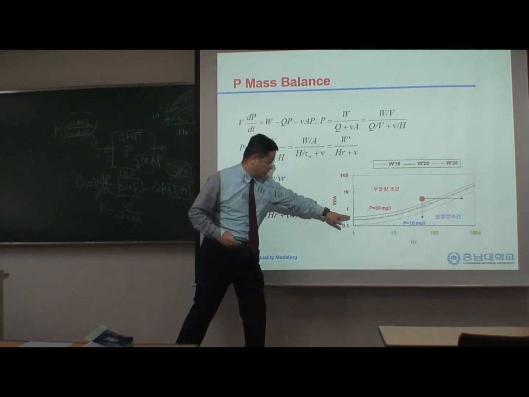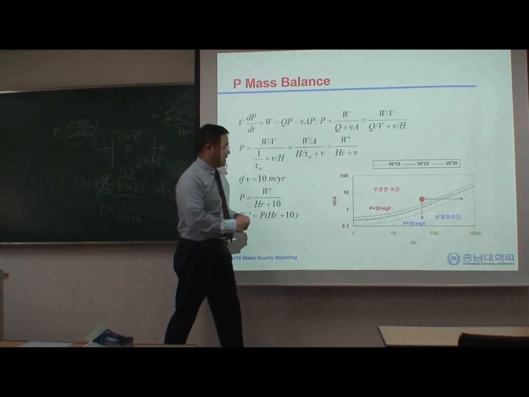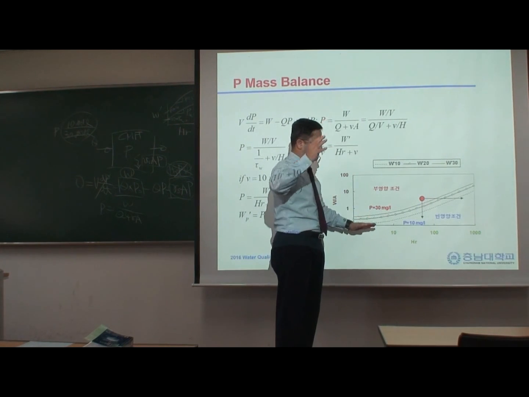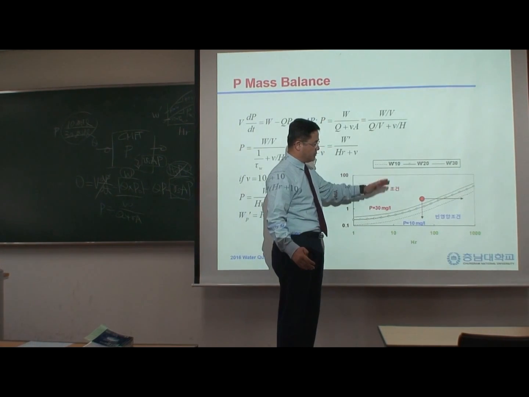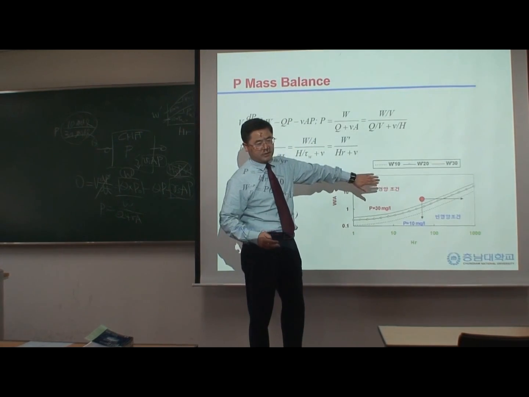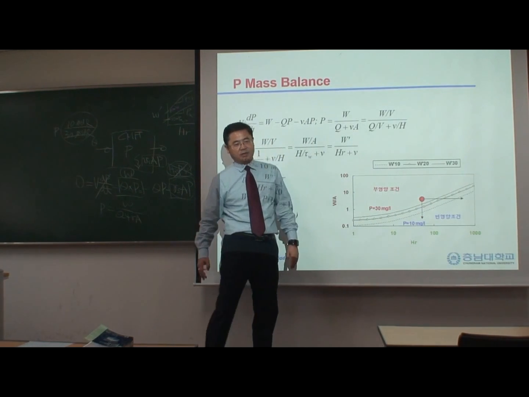If you want 20, then you can have it, right? And if 30 is the standard between eutrophic and mesotrophic, then I can say in here is the eutrophication area. And less than 10, I have an oligotrophic area. Okay?